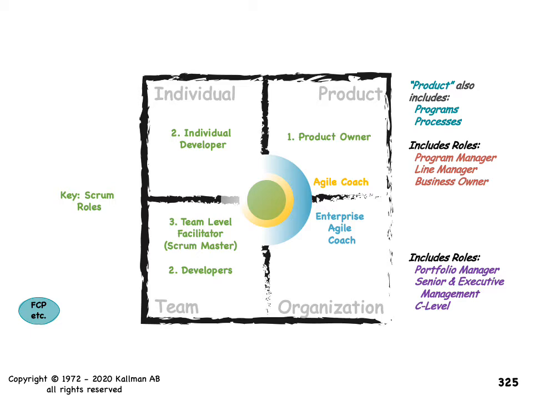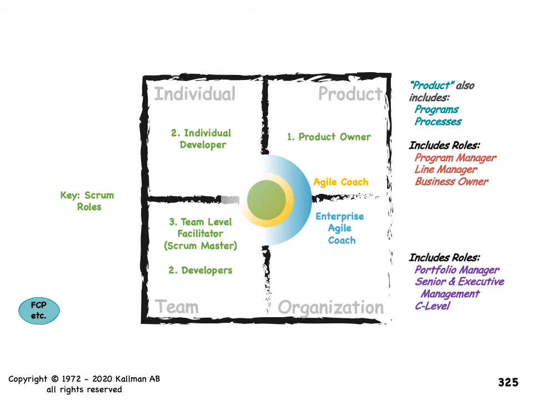Scrum roles shouldn't be confused with your title in the organization. Theoretically, a CEO could also be a product owner. Okay, a program manager could also end up being a Scrum Master. So, depending on the situation and depending on the need, the roles that you have doing Agile or Scrum are pretty well delineated.